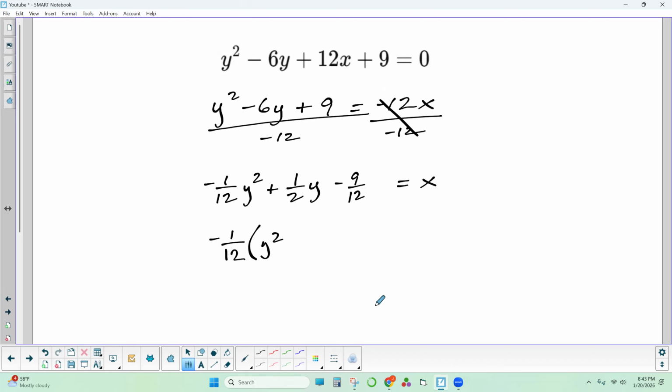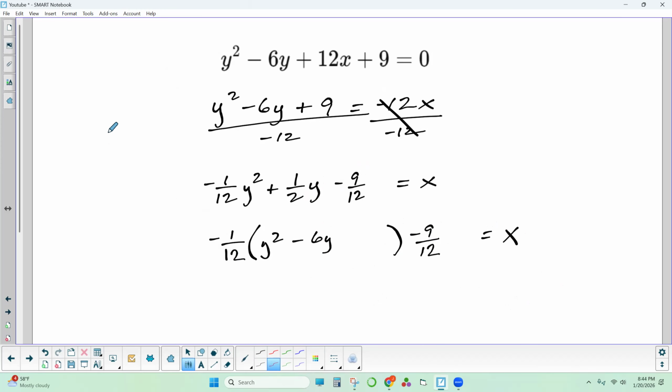You should get negative 6y. Check that out: negative 6y times negative 1/12 is positive 1/2 y, so that checks out. Again, we are going to leave the constant alone, so I'll just put it right back there and leave a little room here to complete the square.